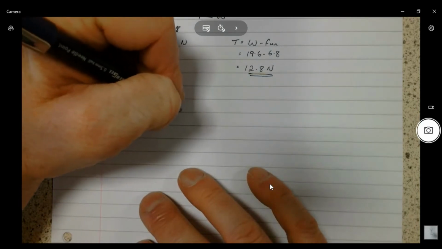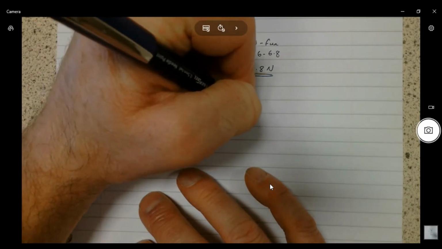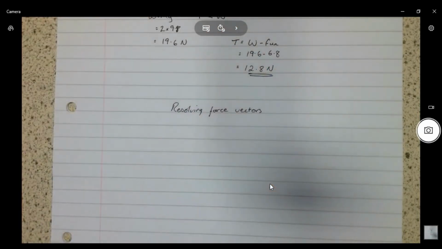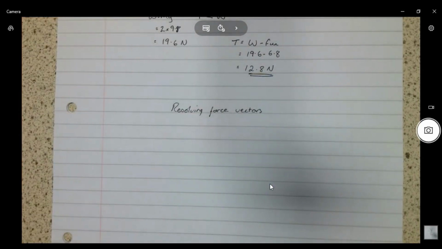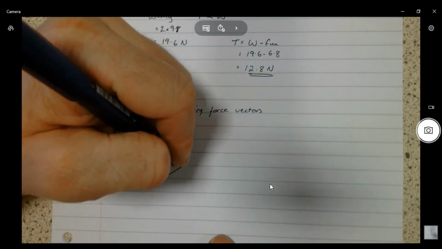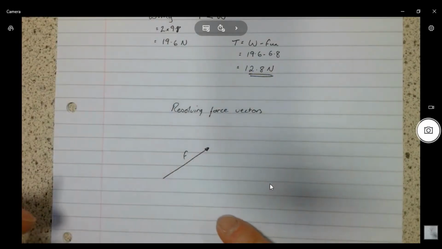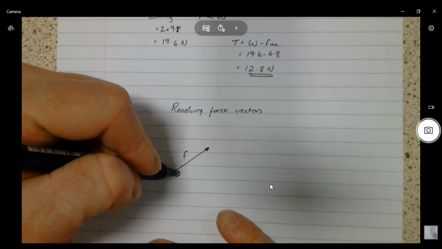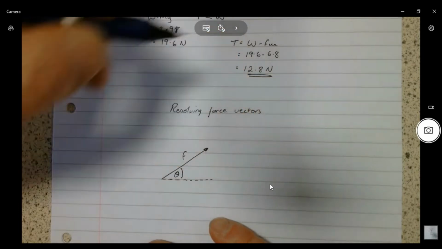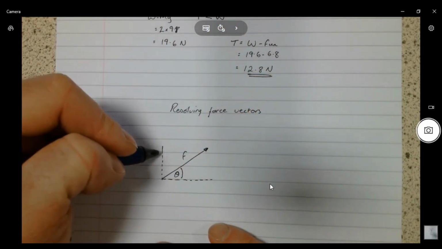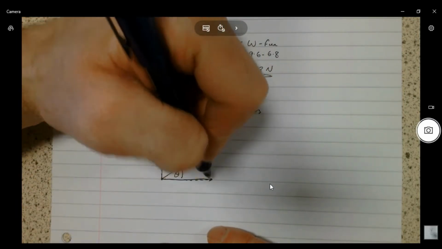So, resolving force vectors. If we have a force that acts in this direction, so let's call that F, and it acts at an angle theta to the horizontal, we will get horizontal and vertical components of this force, and we'll just use SOHCAHTOA.